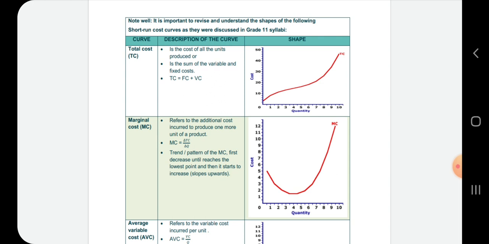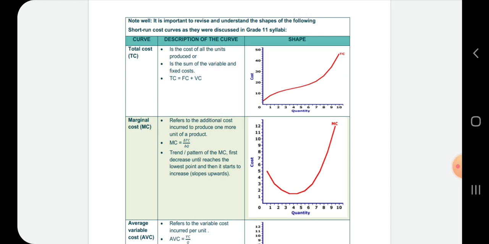Fixed costs are those that remain constant regardless of the quantity produced, like your rentals. Even if you produce more, your rent will remain the same. But with things like electricity, the more you produce, the more electricity you're going to pay. So in this example, electricity will be a variable cost and your rentals will be fixed costs.